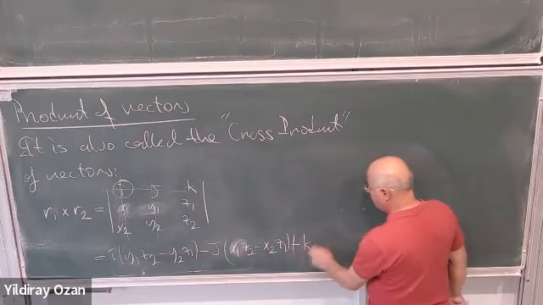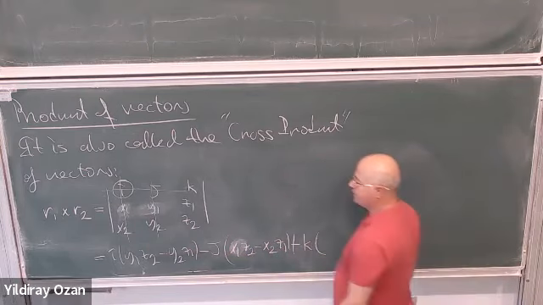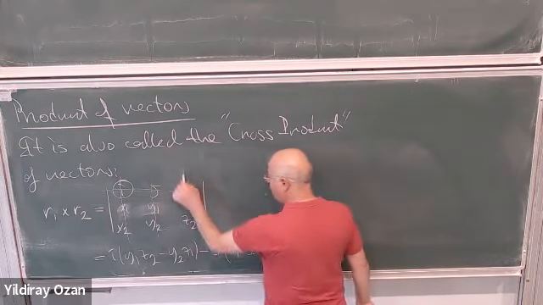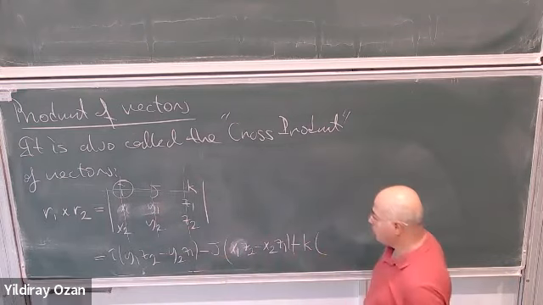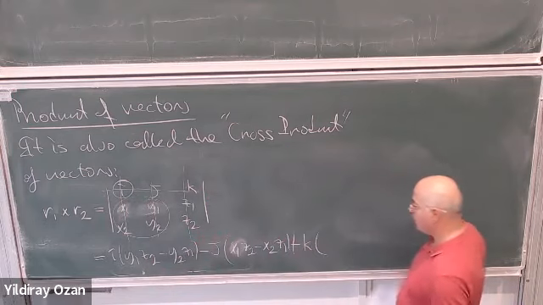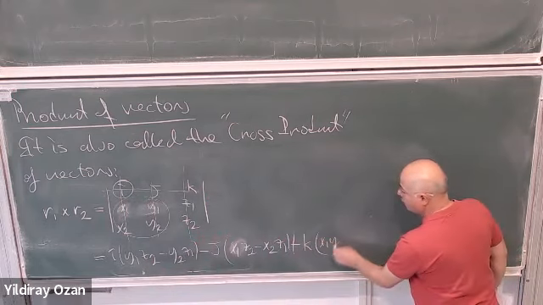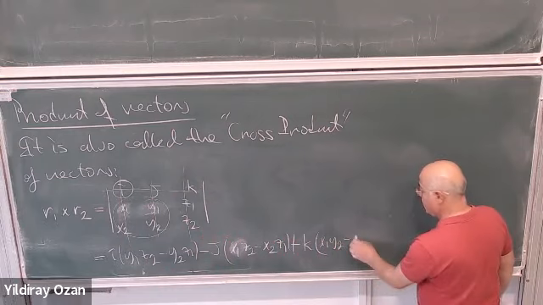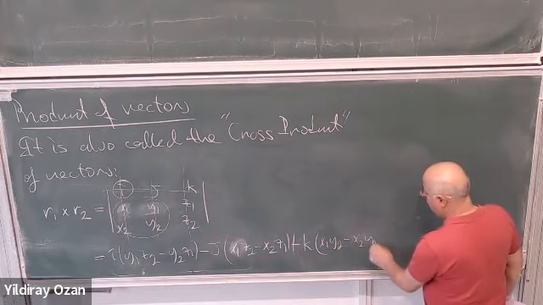And then finally, k times, this time I cross this row and this column. What is left is this 2 by 2 matrix, and I write its determinant. So x1 times y2 minus x2 times y1.